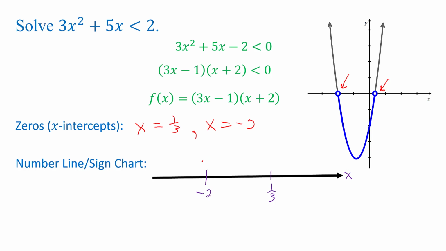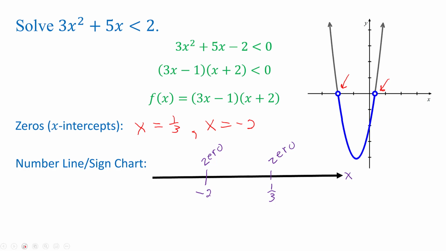I will put the word 0 above negative 2 and the word 0 above 1/3, so I remember what's going on at those two points. The solutions to inequalities are generally intervals, and so I'm going to test three different intervals here to determine whether those intervals satisfy my inequality or not.